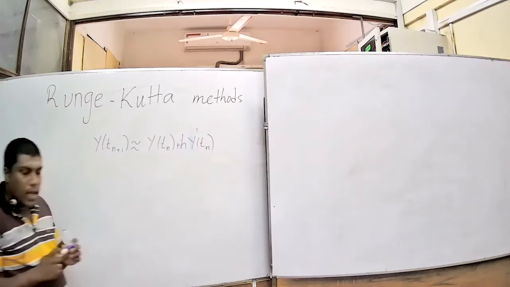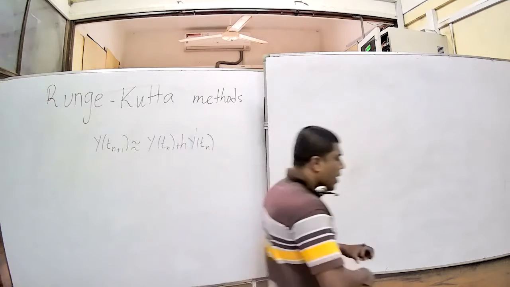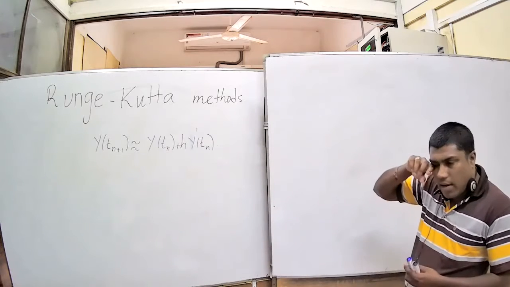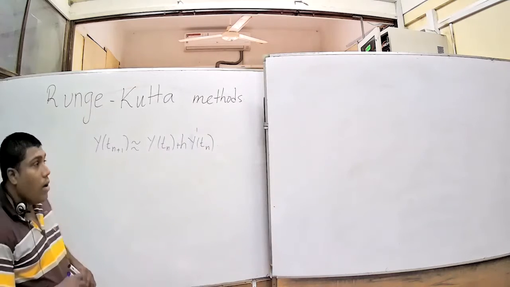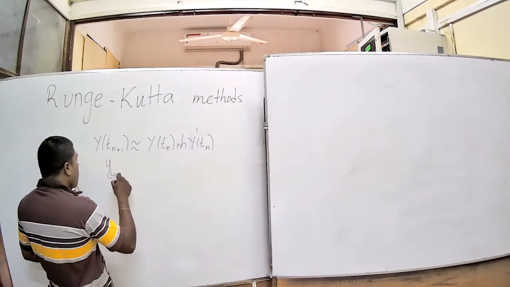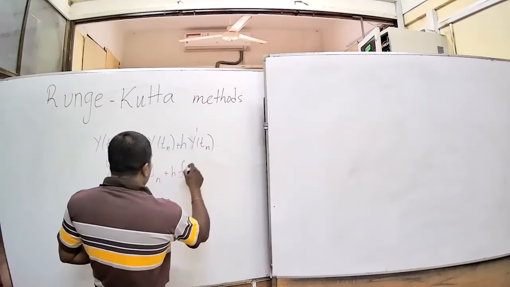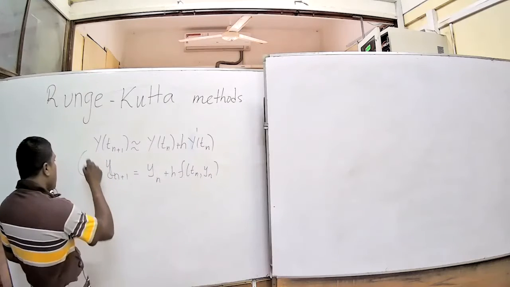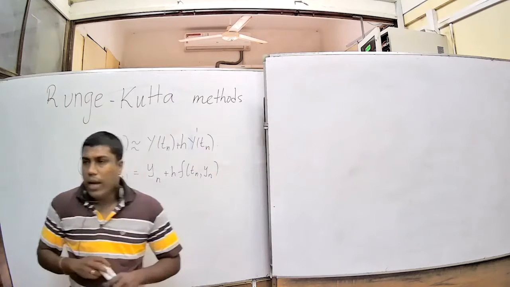So this is the Taylor's expansion at first order. From this, we get the Euler method, right? So that gives you y_{n+1} is equal to y_n plus h times f(t_n, y_n), right? So from this, we can see the Euler method.